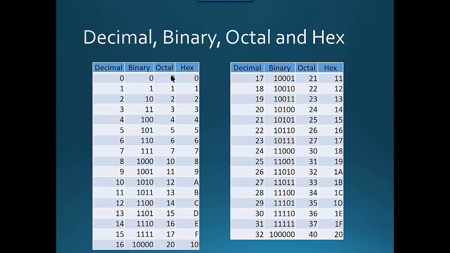With octal, and octal means 8, we can use any number less than 8 in order to represent the number. So from 0 to 7, it progresses the same as the decimal number system, but then we don't have an 8, so we can't represent 8 the way we can in decimal.